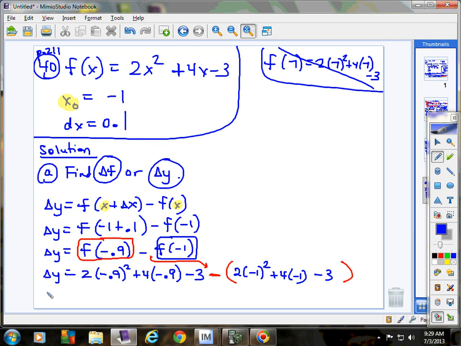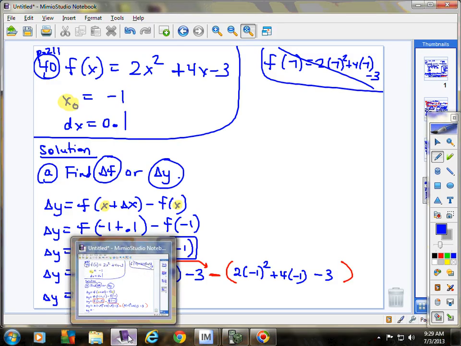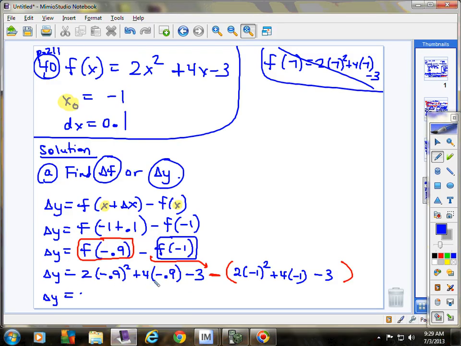Well, that's kind of a mess. I don't think I want to do all that on the calculator, because if I put my parentheses in the wrong place one time, I'll miss it just because of that. So let's do a little bit on paper anyway. We could do this part on the calculator. 2 times -0.9 squared plus 4 times -0.9 minus 3.